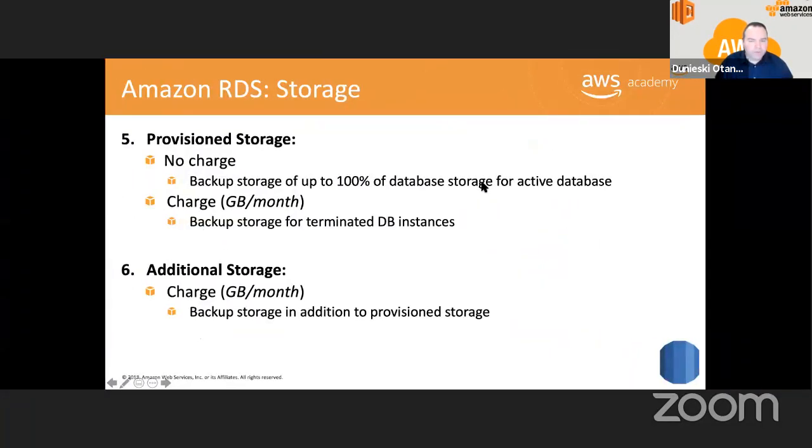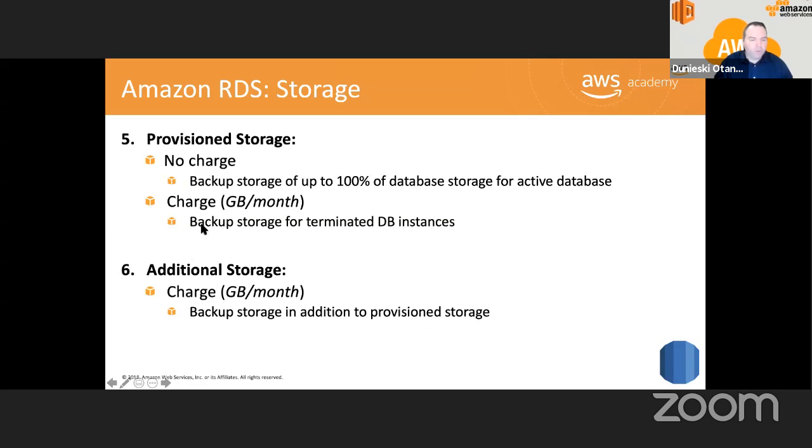So for running instances, there's no charge. For terminated instances, there is a charge, in gigabytes per month. It will be calculated for you depending on what you have. If you want additional storage, then the backup storage, in addition to provisioning storage, is going to be charged.